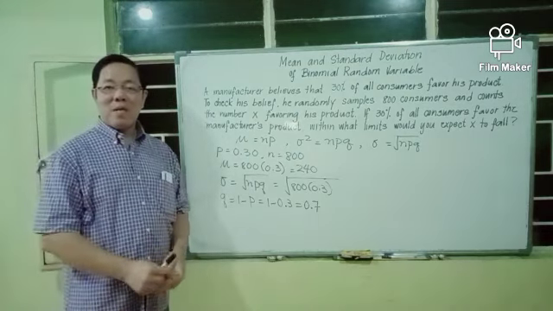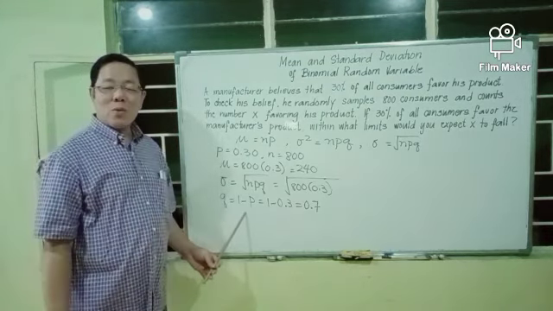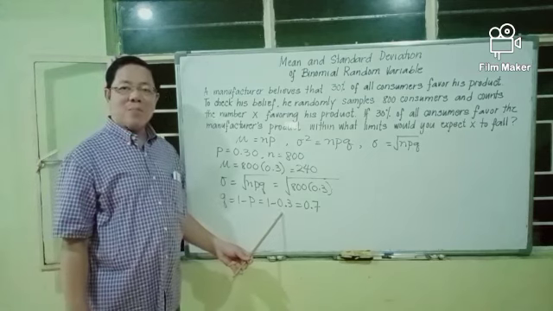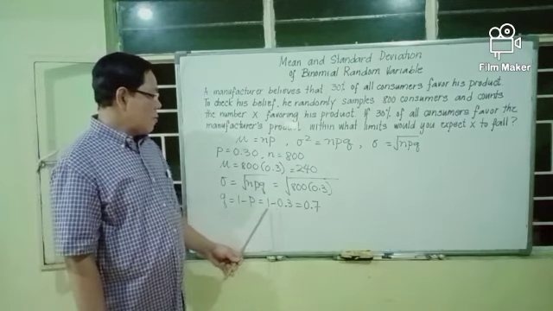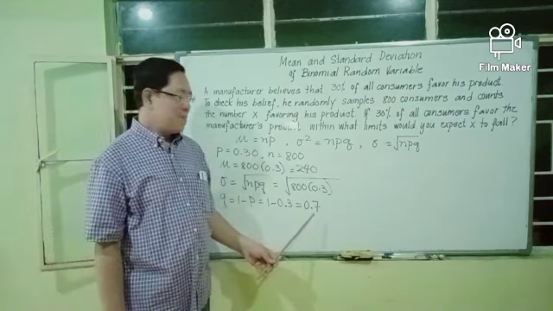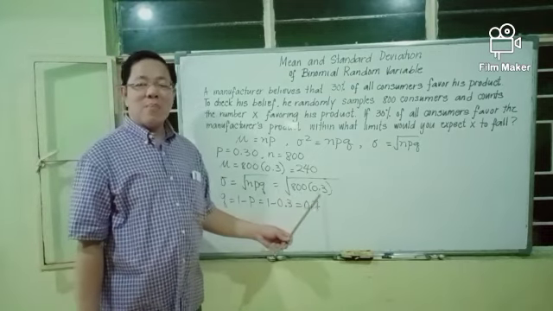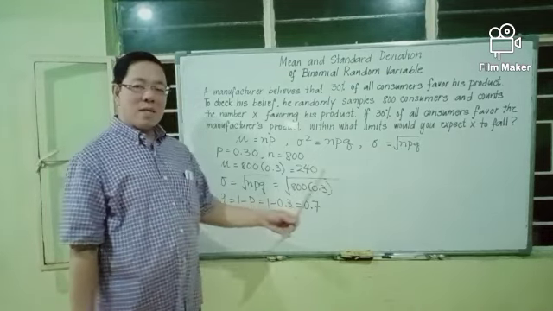If q is the complement of p, then q is equal to 1 minus p, where p is 0.3, and 1 minus 0.3 is 0.7. So we multiply 800 by 0.3 by 0.7, and we take the root.